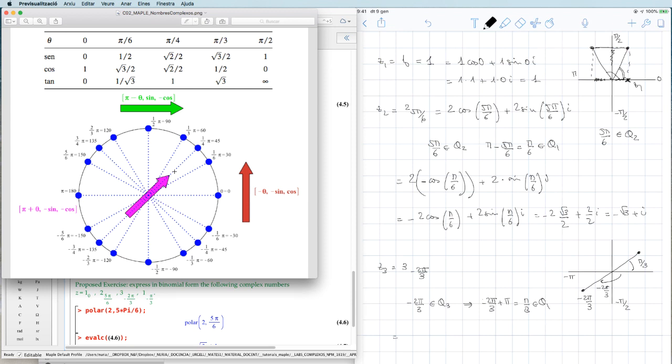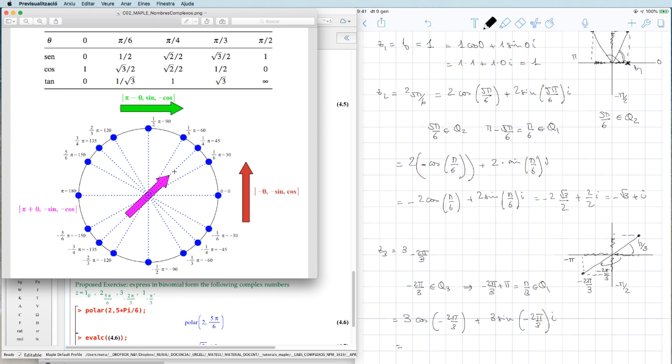So now I apply the formula: 3 cosine of minus 2 pi over 3 plus 3 sine of minus 2 pi over 3 i. And remember that now both sine and cosine are negative, so I need to change signs. So I need to change cosine of pi over 3, sine of pi over 3 i.